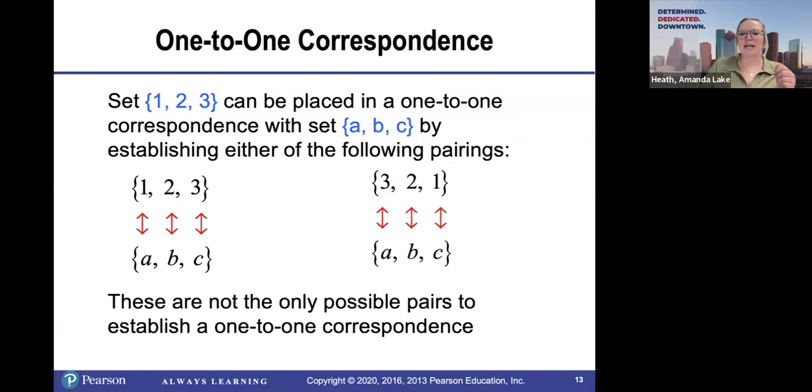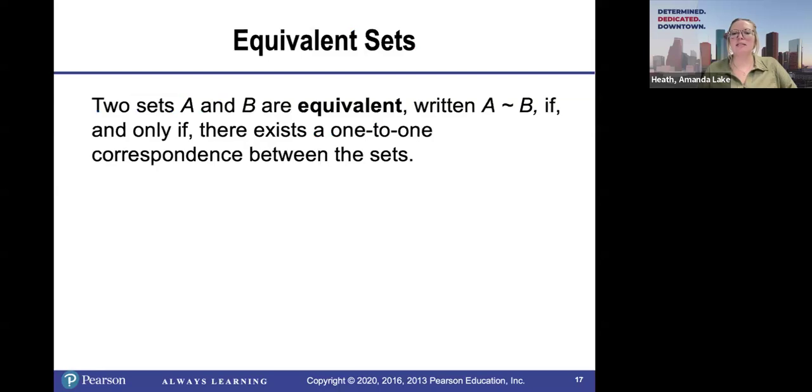We could also pair 3 with A, 2 with B, and 1 with C, and that is another one-to-one correspondence. There are many different ways you could create one-to-one correspondences between two sets, if there is at least one, then there are multiple. So being in a one-to-one correspondence is different from being equal sets.